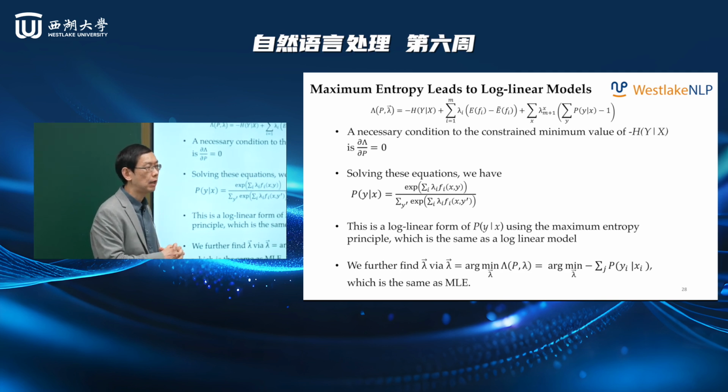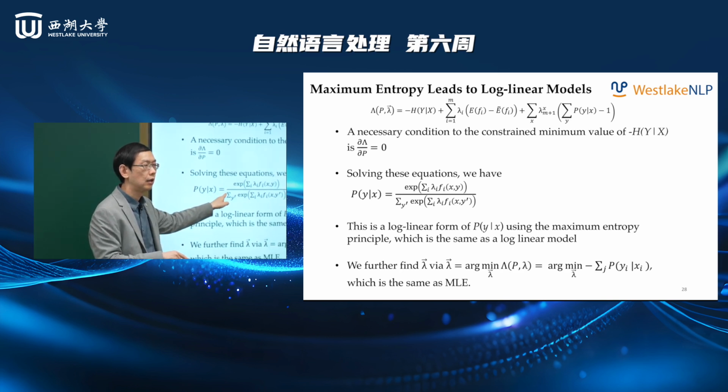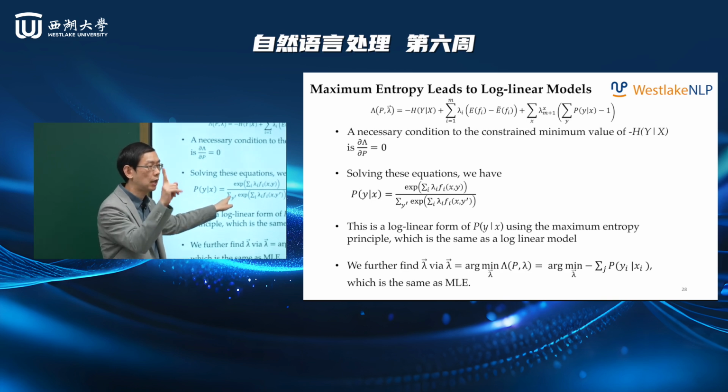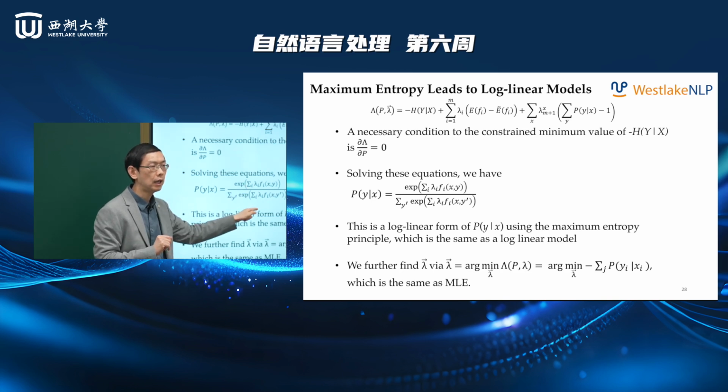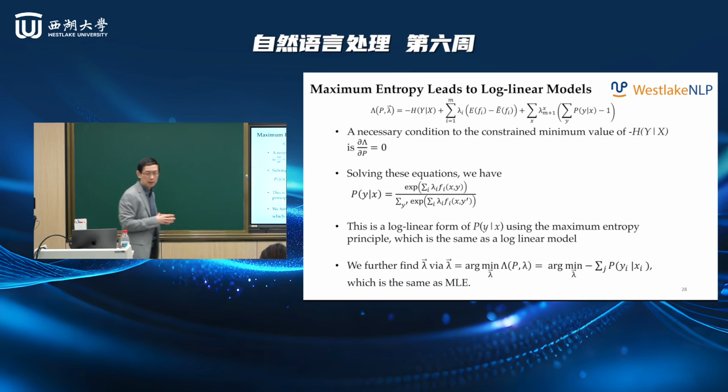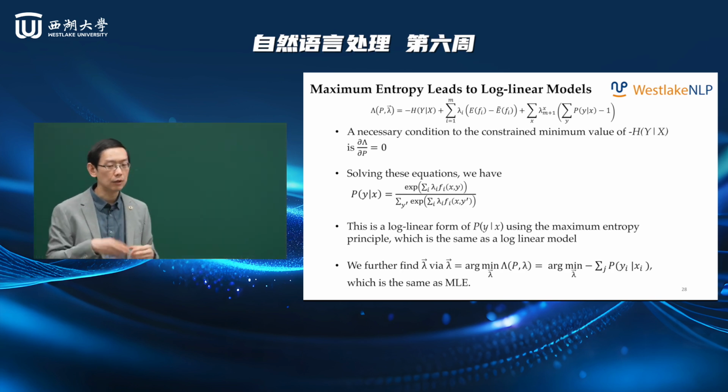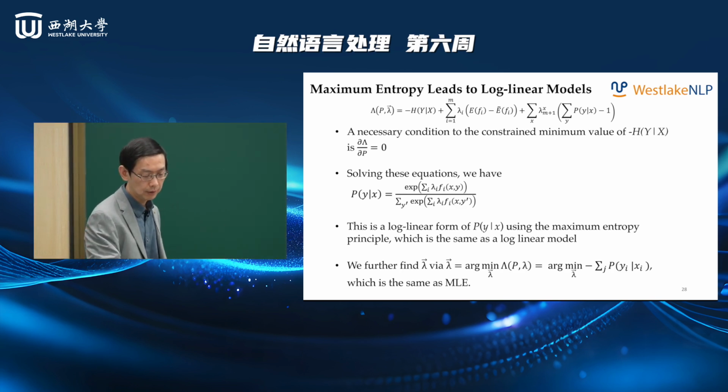So it's e to the power of sum over i of lambda_i f_i, where lambda_i is the Lagrangian multiplier for the feature constraint for feature i, divided by the sum over all possible outputs y of e to the power of sum lambda_i f_i. Okay, so this is the conclusion. And you will also get the same conclusion if you do it.